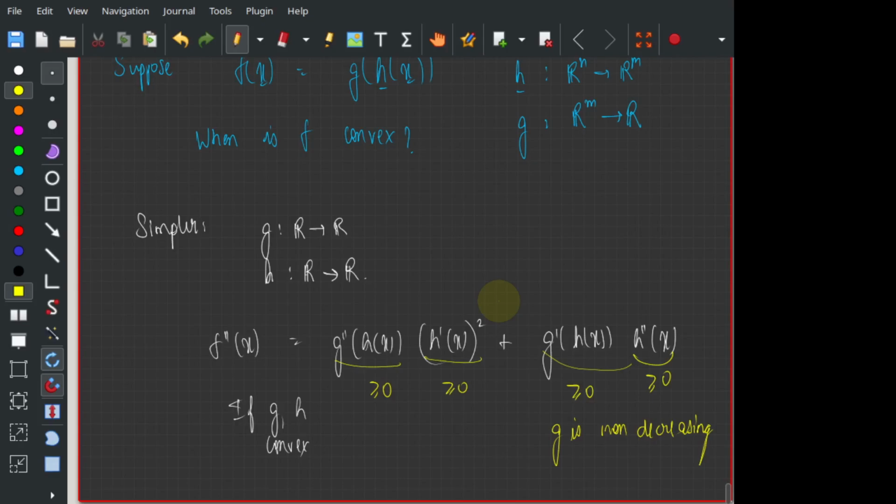Question? What if h is decreasing? What if h is decreasing? So what? If g is non-decreasing, then g prime evaluated at any point is greater than or equal to 0.